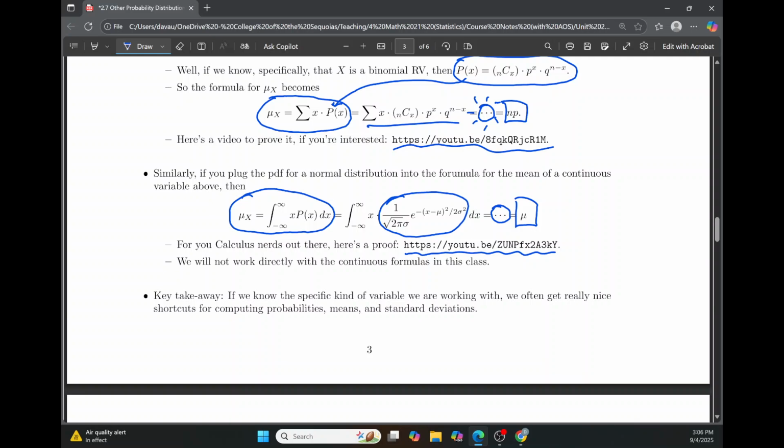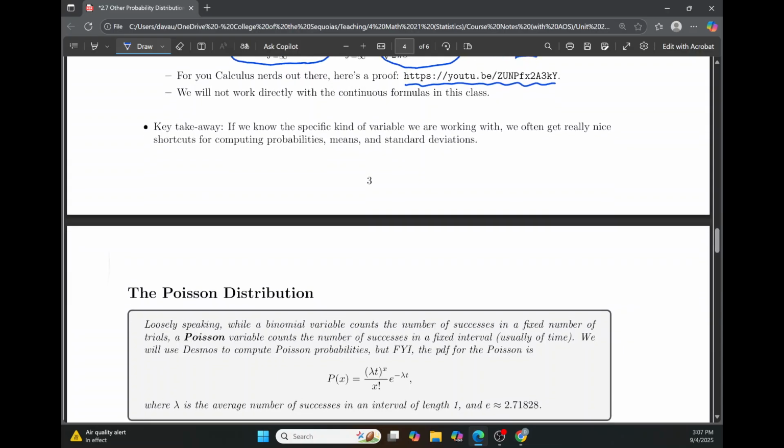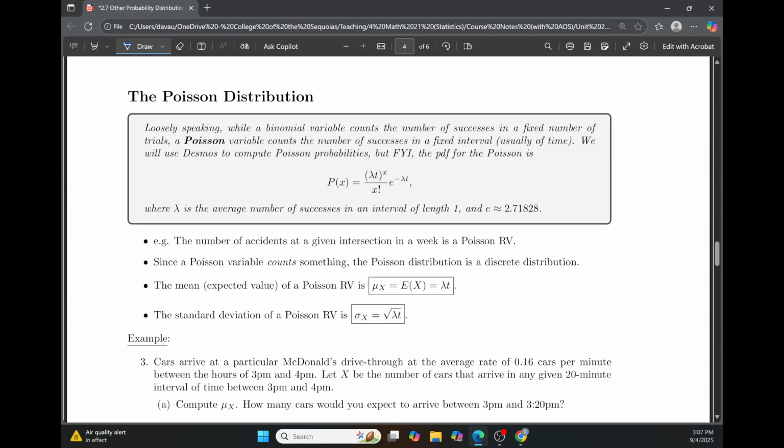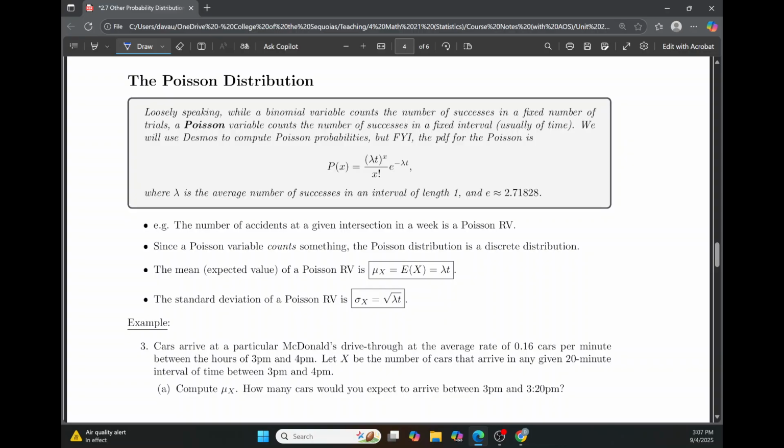I'm not going to take you through a ton of the different kinds of random variables and probability distributions that we could come across, but I will give you a couple. The first one I want to talk about is the Poisson. I'm not going to give you the strict definition of the Poisson variable, but loosely speaking, while a binomial variable counts the number of successes in a fixed number of trials, a Poisson variable counts the number of successes in a fixed interval, and usually it's an interval of time.